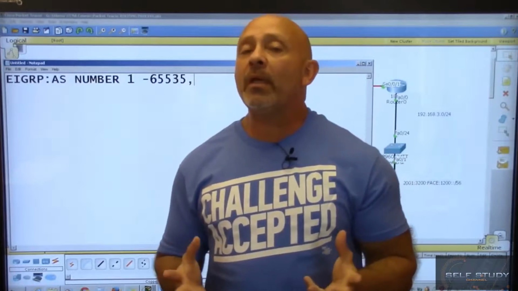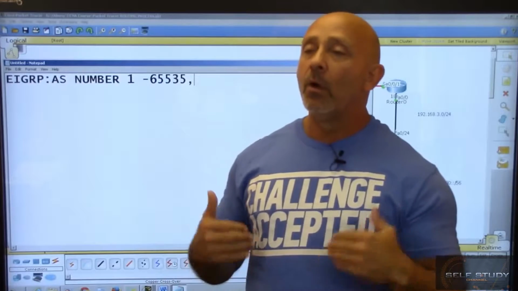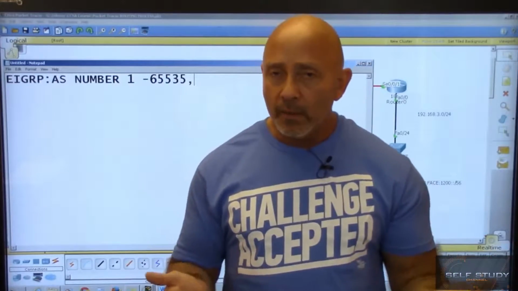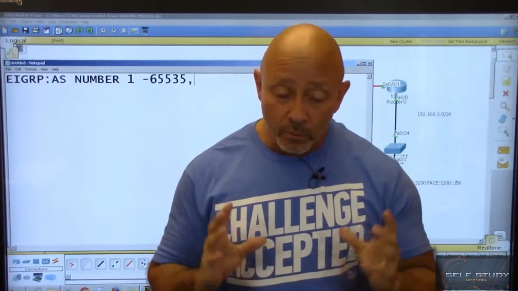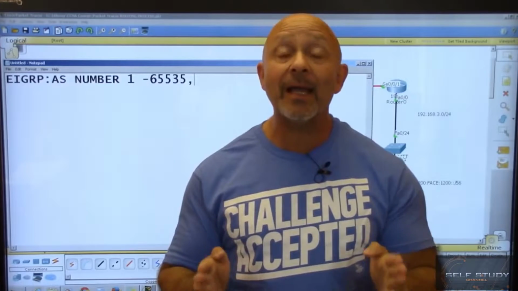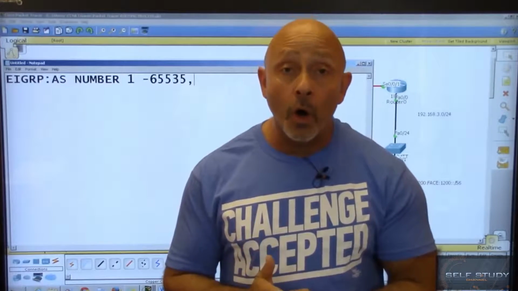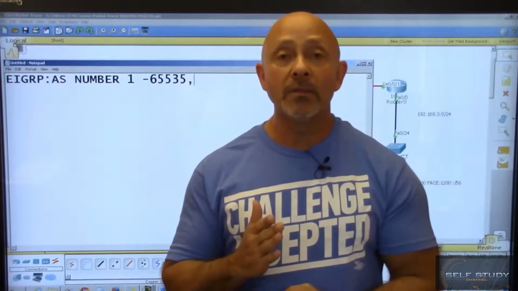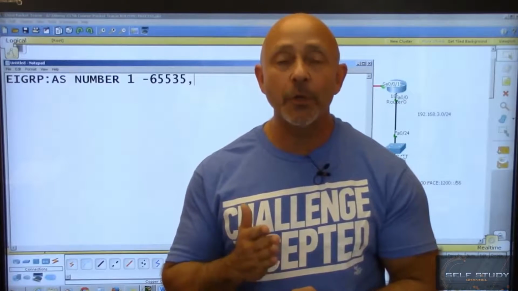So EIGRP is the favorite. I mean, you're taking a Cisco certification. Guess what? They're going to ask you a lot of questions on EIGRP. And I think they're still doing the simulation in EIGRP. So one of the main things you need to remember or focus on is that the autonomous system must be the same on all the routers, because the test is based on a single autonomous system number.